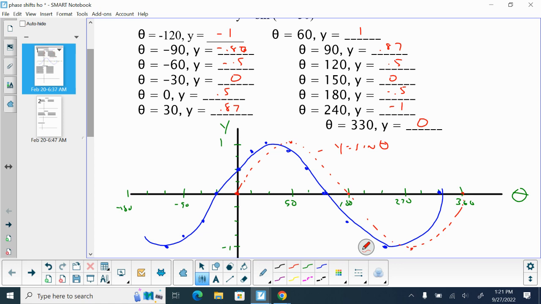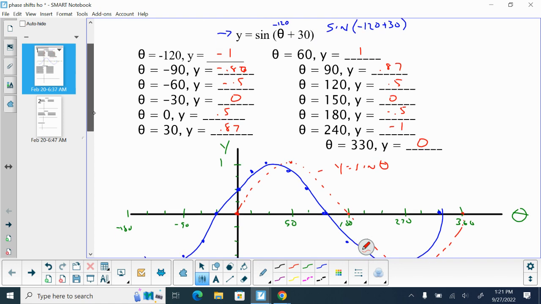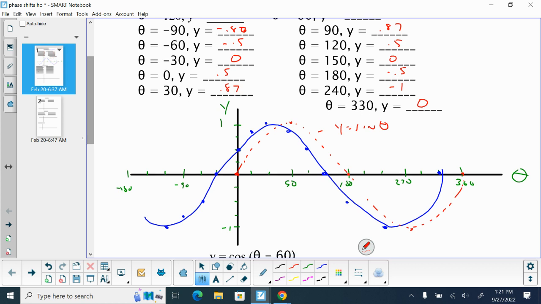The blue is y equals sine theta plus 30. And if we take a look, what has happened to our graph from y equals sine theta to y equals sine theta plus 30?